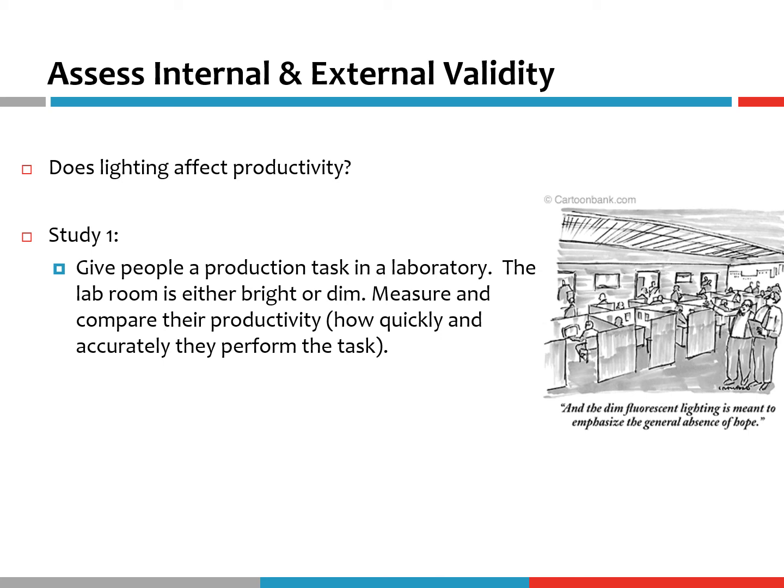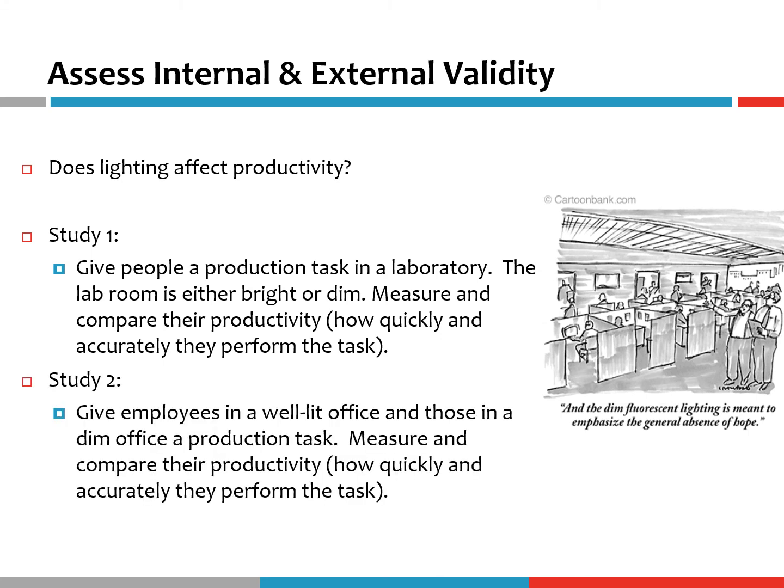But if we wanted to conduct a similar study in the real world rather than in the laboratory, we could do that also. For example, we could give employees in a well-lit office or a dim office the same production task, and then we could measure and compare their productivity.